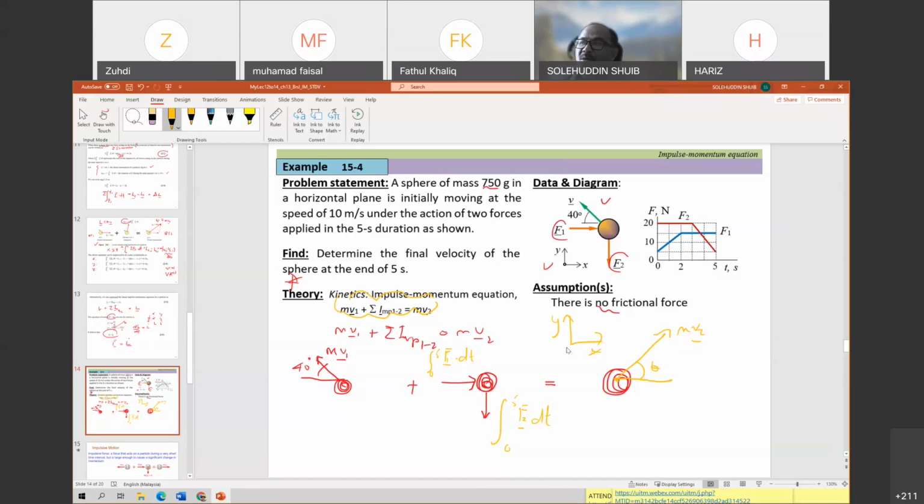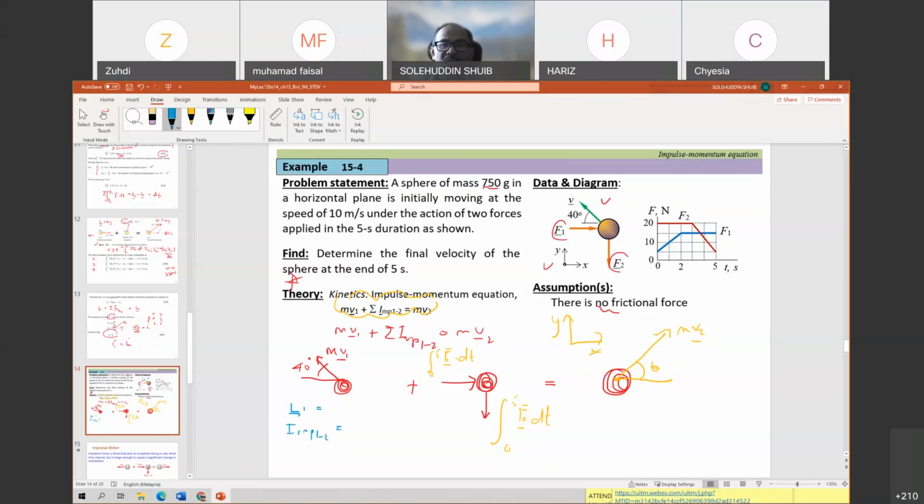From the previous example that you have done, we already know the value of L1. The impulse also we have calculated earlier. So where do you get L1?